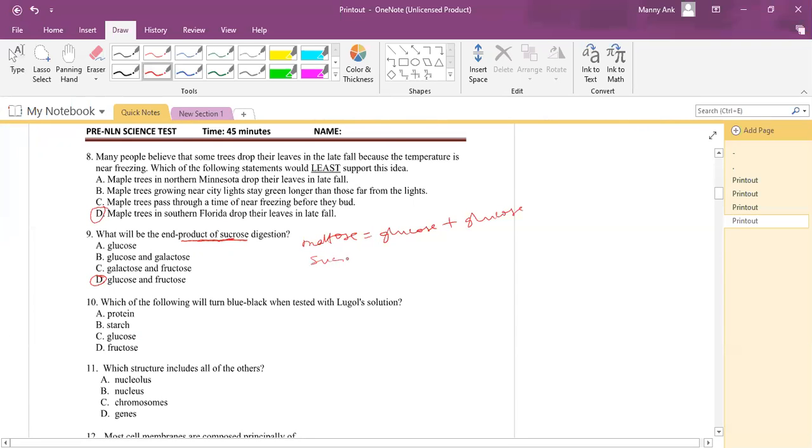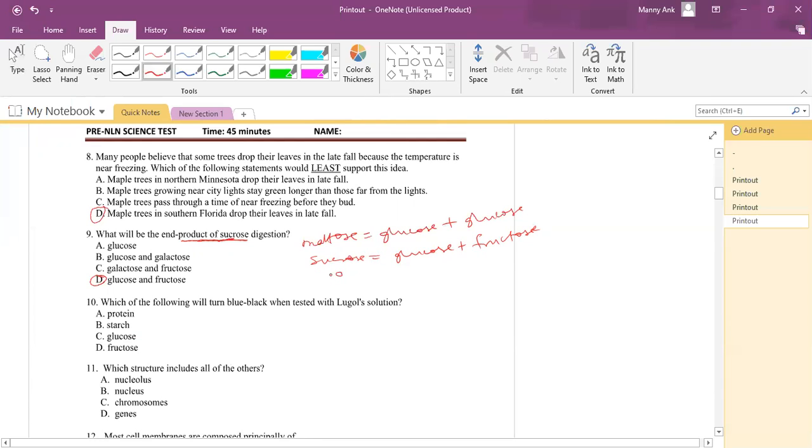Sucrose has glucose in it, and the second sugar is fructose. I remember it because sucrose and fructose rhyme.